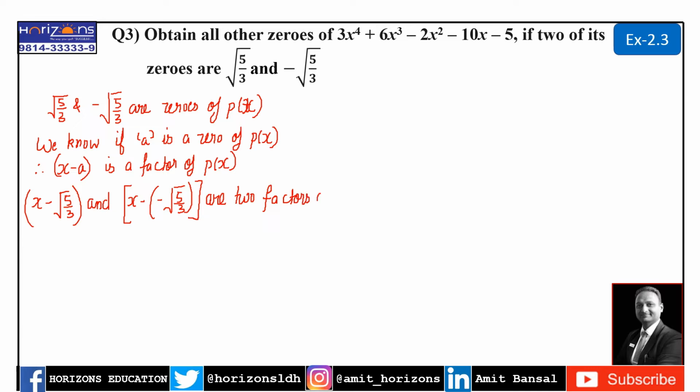Right, friends? So x minus root 5 by root 3 and x plus root 5 by root 3 are two factors of p(x).